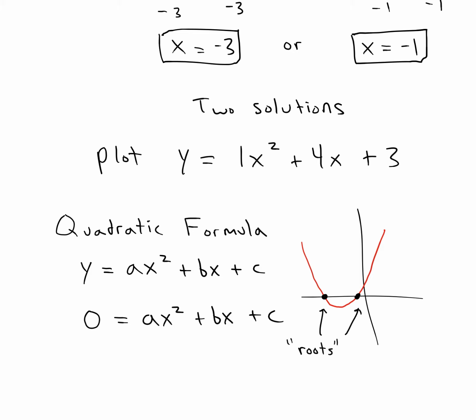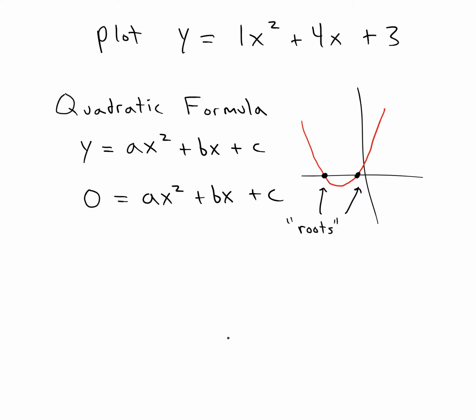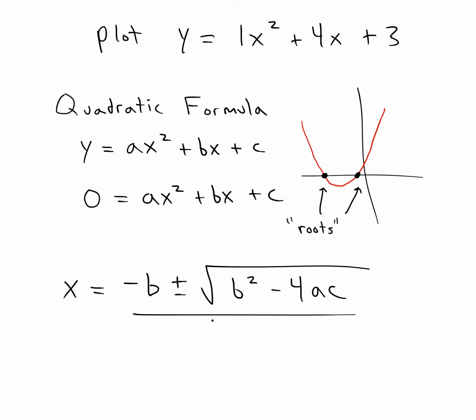To find them using the quadratic formula, we'll use this. x equals negative b plus or minus the square root of b squared minus 4 times a times c, all over 2a. That's the quadratic formula.